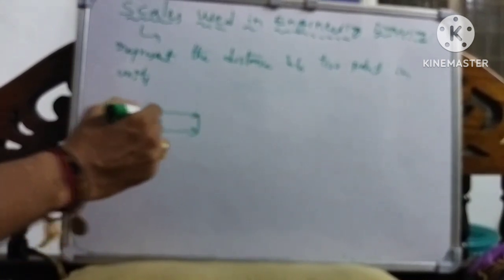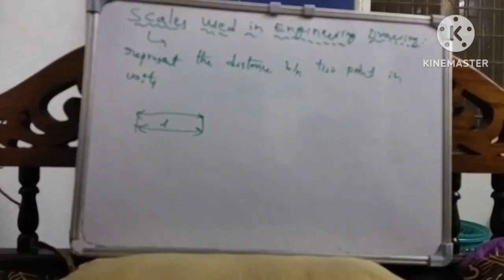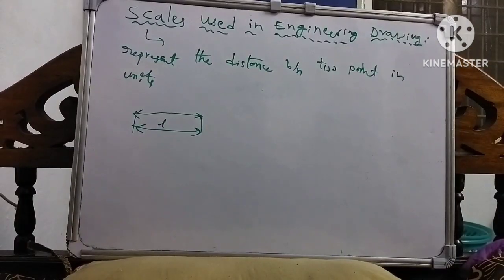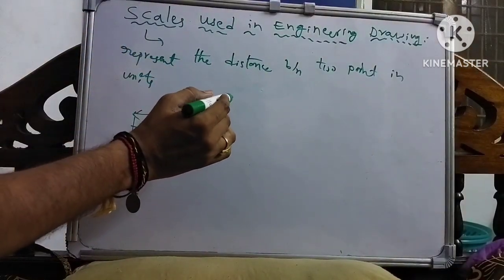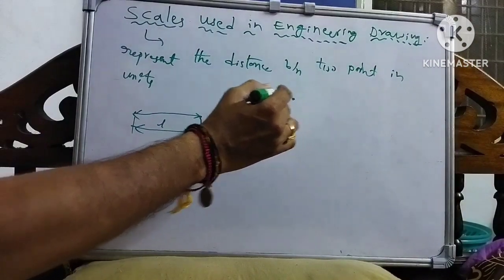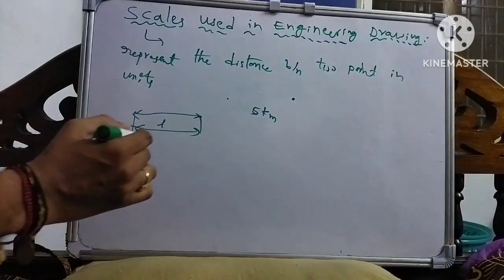Let us say length. Practically, for example, from one city to another city, 5 kilometers distance is there.